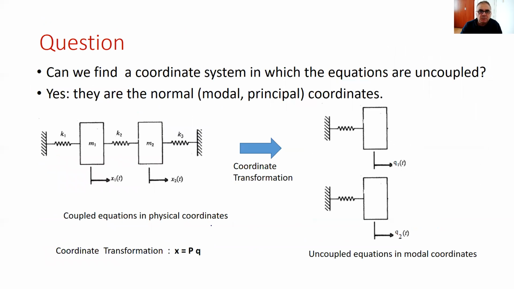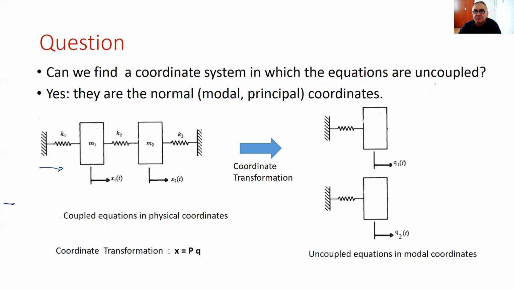So the question we have is the following. Let's say that we have a system that has static or dynamic coupling, such as this one. This has static coupling, actually. The masses are uncoupled. Well, if you use x1 and x2, can we find a coordinate system, let's say q1 and q2, such that the equations are uncoupled?